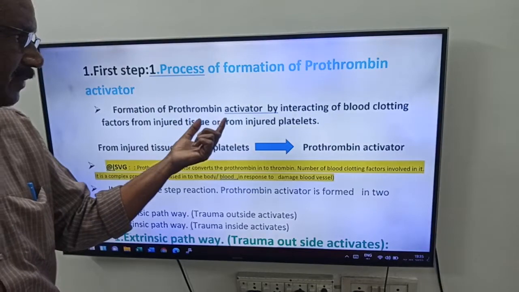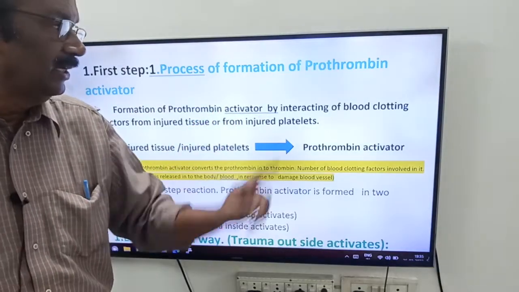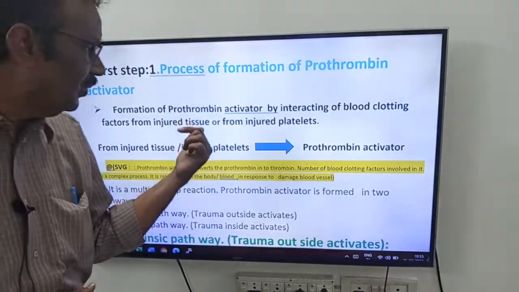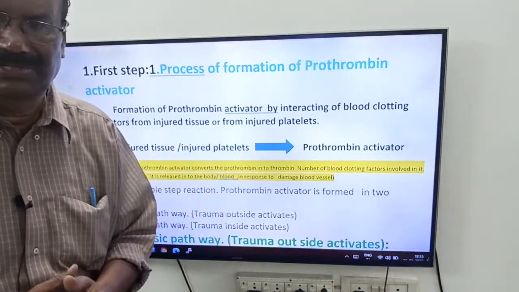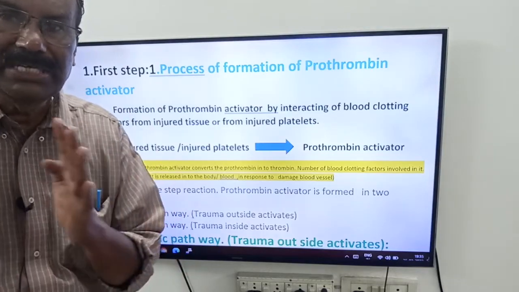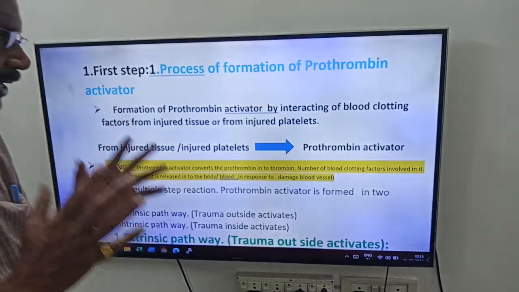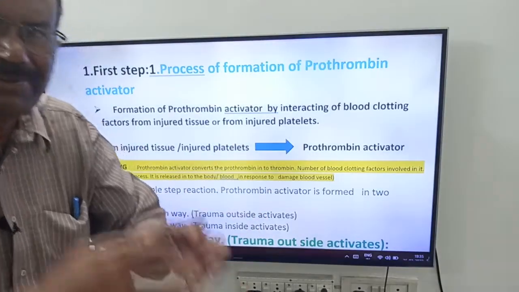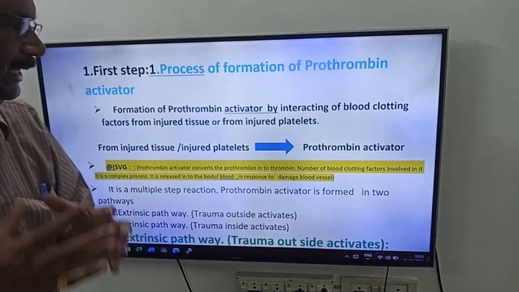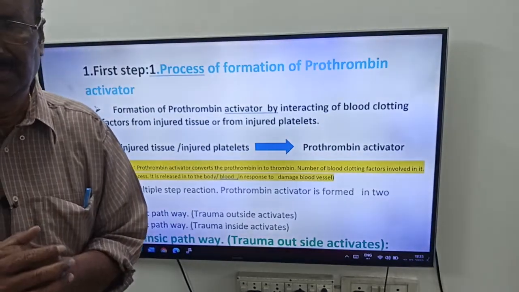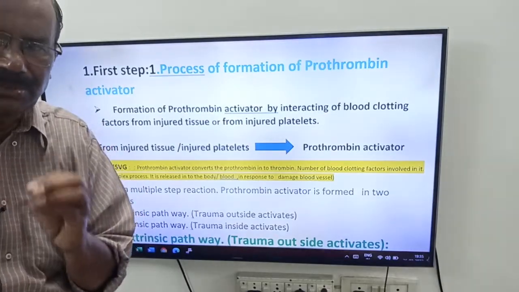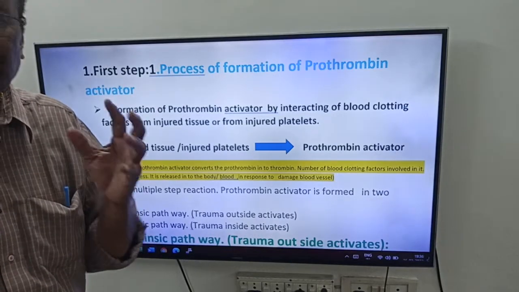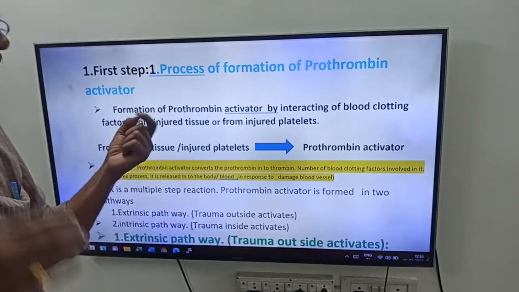So formation of prothrombin activator is by the interaction of blood clotting factors from injured tissue or injured platelets. Once again, injured tissue or injured platelets, with the help of blood clotting factors, form prothrombin activator.